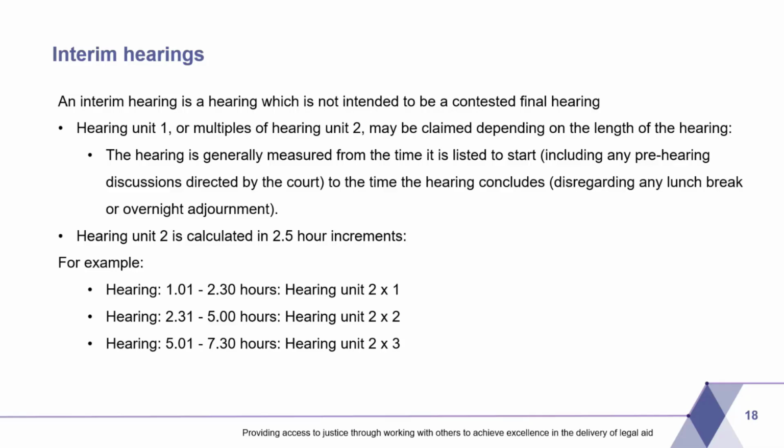So the hearing is generally measured from the time it is listed to start, and that's going to be including pre-hearing discussions directed by the court, to the time the hearing concludes, and that's disregarding any lunch break or overnight adjournments. So moving on to slide 19 in your pack.